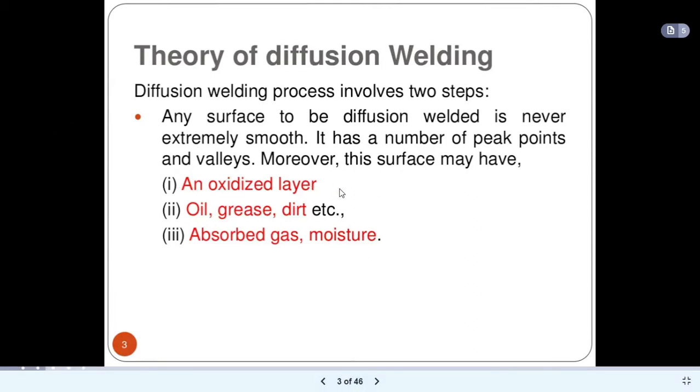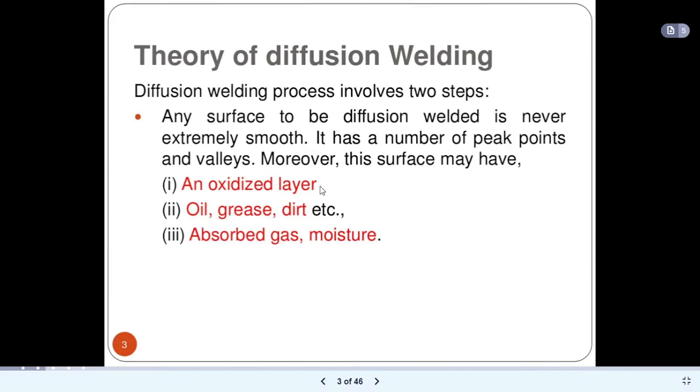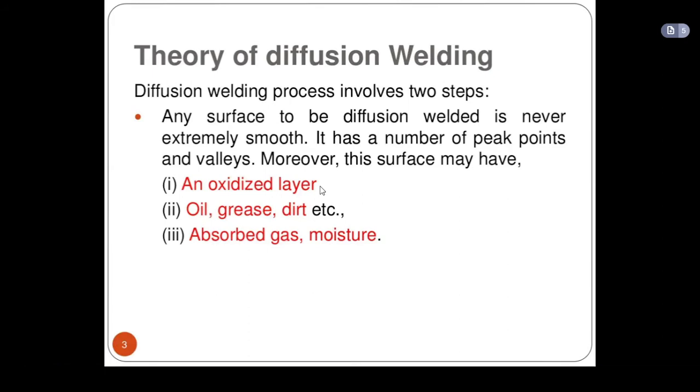If we take the example of glass, the glass surface is also not ideally smooth. It has some peaks and some valleys on its surface, and we take advantage of these valleys and peaks for welding purposes.